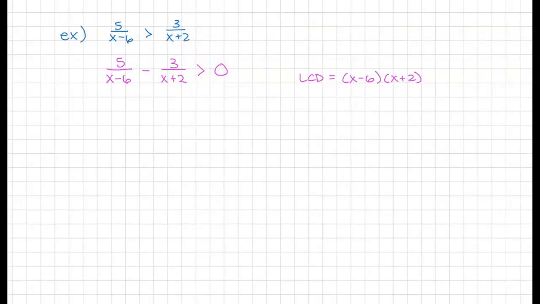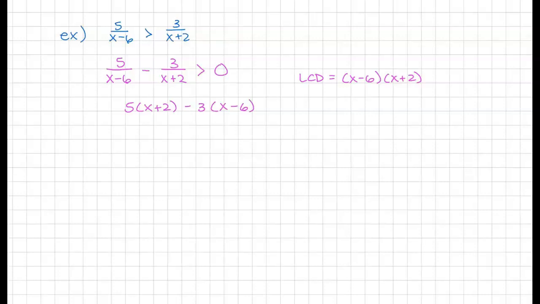So then the first fraction is missing the x plus 2, so I'd have to multiply the top and the bottom by x plus 2. And then on the second fraction, the denominator is missing the x minus 6, so I'd have to multiply the top and the bottom by x minus 6.